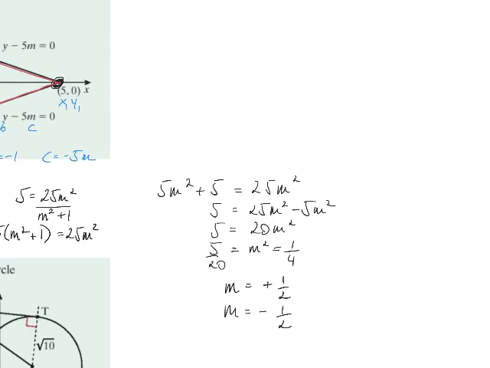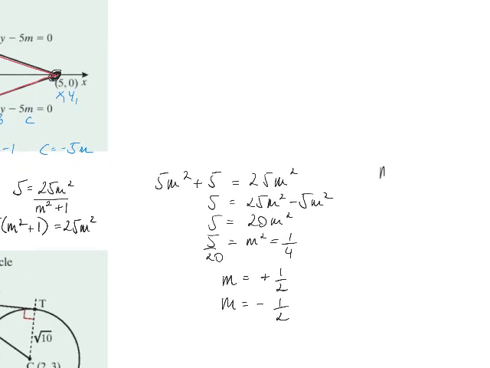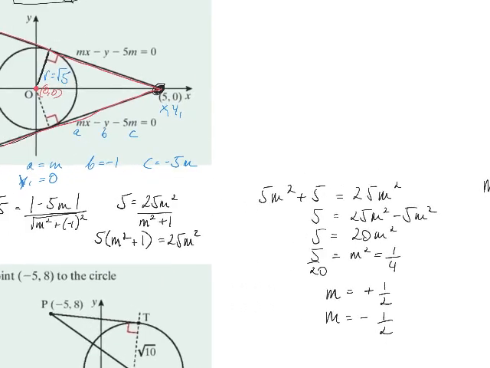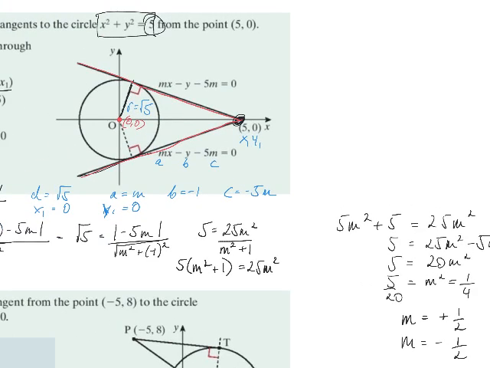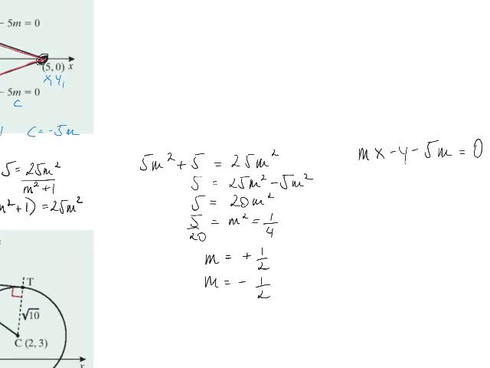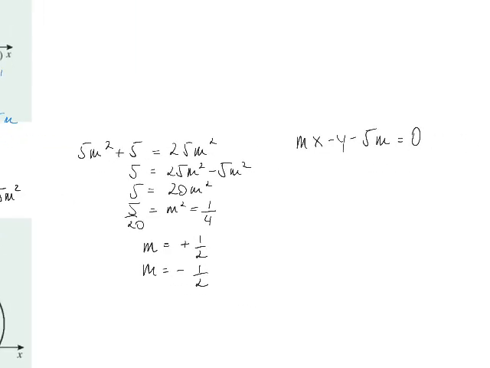The original equation was mx minus y minus 5m equals 0. And here you see we needed two different m's because it was two different tangents, and we have two m's, plus 1/2 and minus 1/2, and that covers the two situations for the two different tangents.